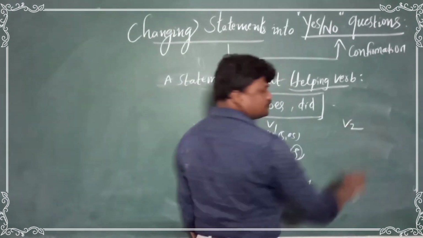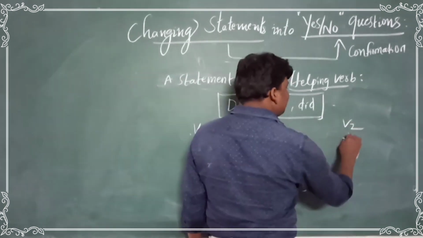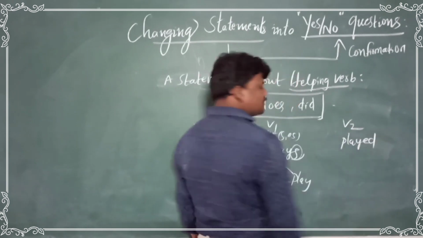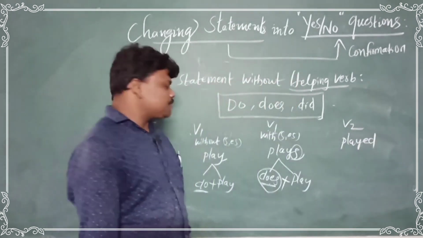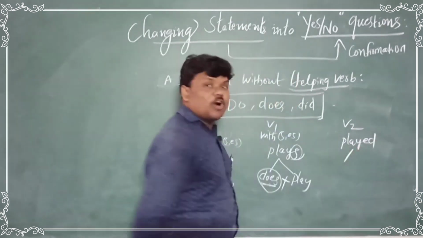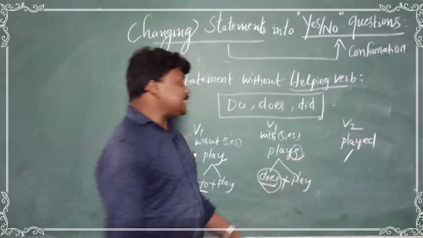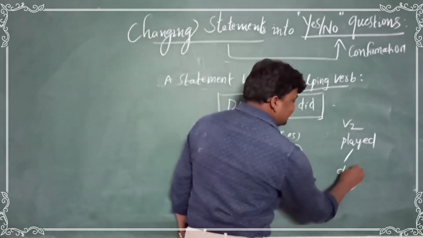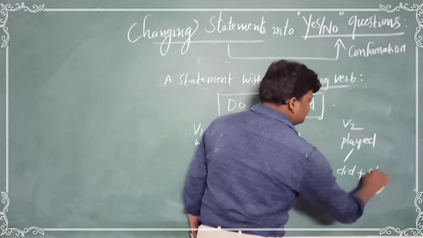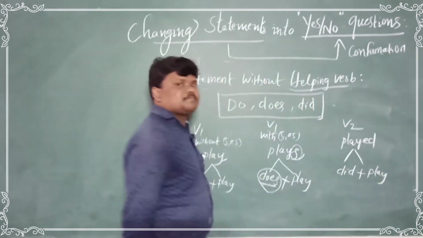Imagine if there is a V2, like played. What devil is hiding in that? Did. The devil did is hiding in the main verb. Did plus play is equal to played.